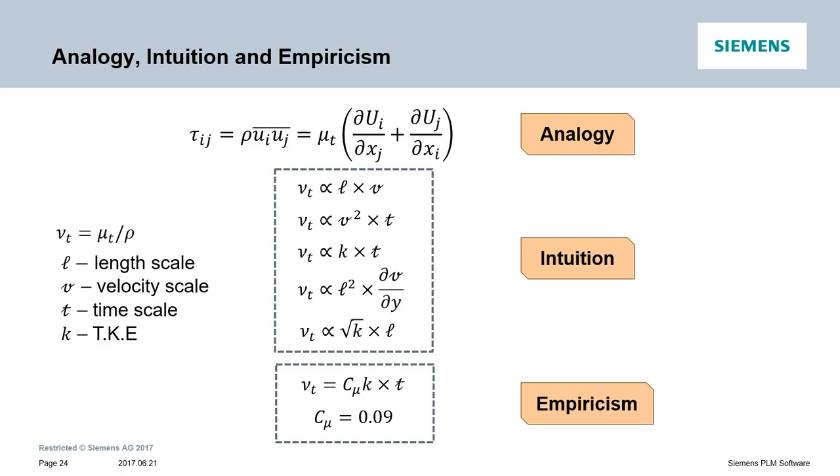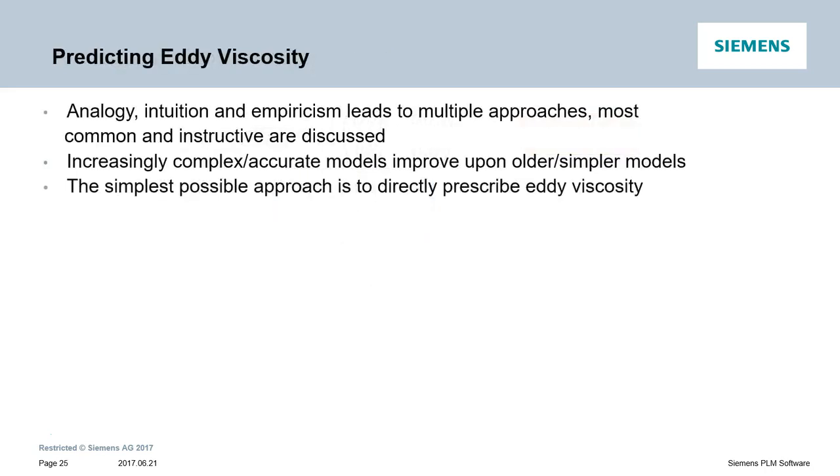These are the steps we go through to develop any turbulence model, at least in the context of RANS. And we can guess that from analogy, intuition, and empiricism, multiple approaches are possible, and we'll discuss some of the most common and instructive.